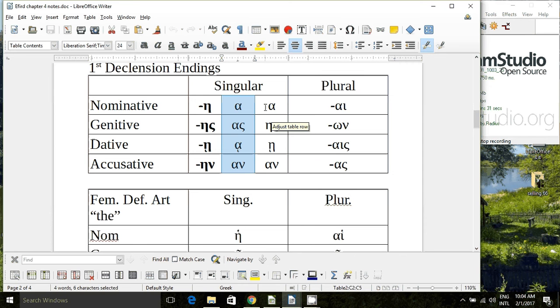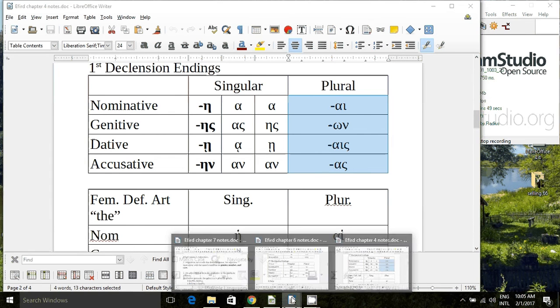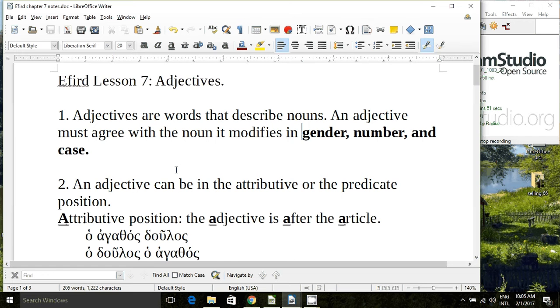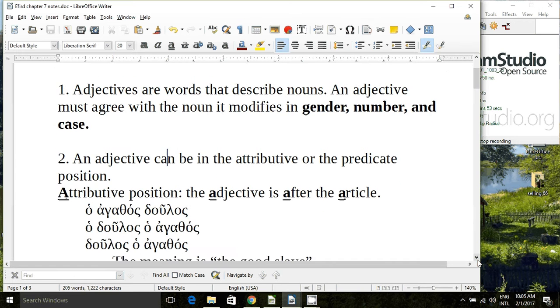And there is no inside-out pattern. The doxa type is not used for the adjectives of the first declension. So just these first two in the singular, and then the plural as we would expect. So the endings are nothing new. But how we use adjectives, that's what we want to learn today.